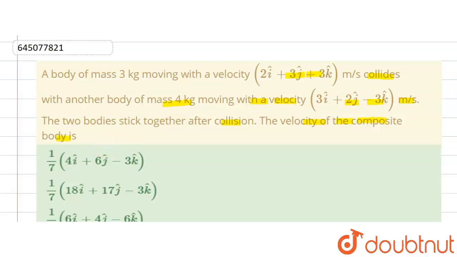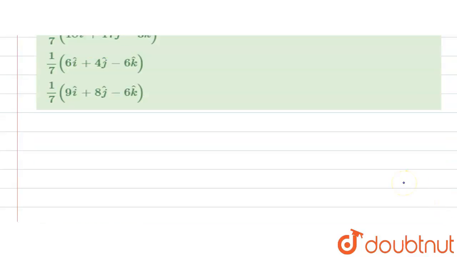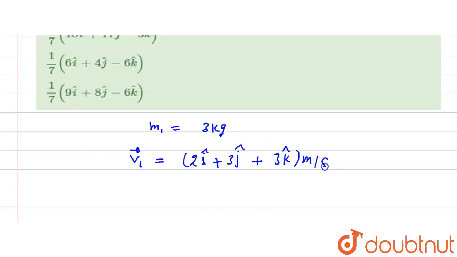Now here we can write: two bodies are given. The mass of the first body m1 is equal to 3 kg and its initial velocity v1 is equal to 2 i cap plus 3 j cap plus 3 k cap meter per second.